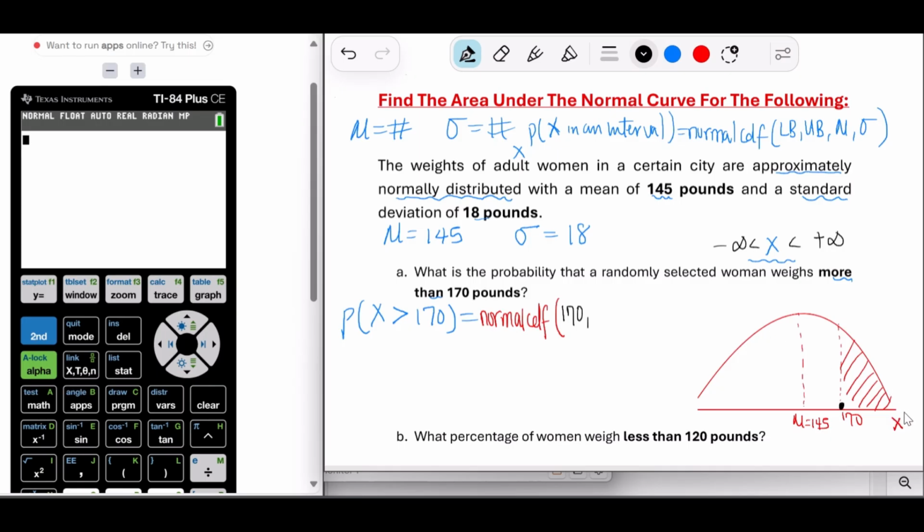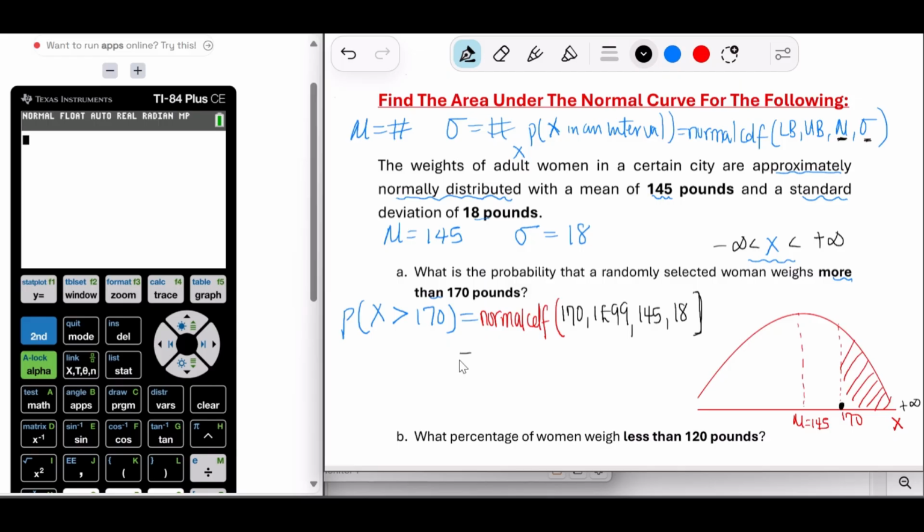So going to the right, we are going to positive infinity, which on the calculator can be represented as 1e99. Then the mean, don't forget we are using this formula. The mean given is 145, and our sigma is 18. So this is what we got.